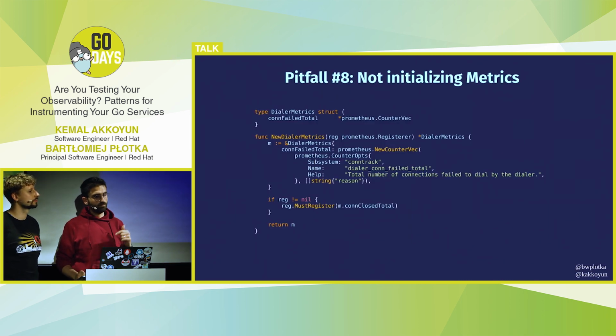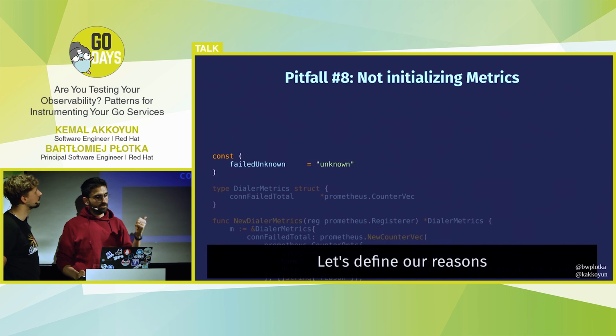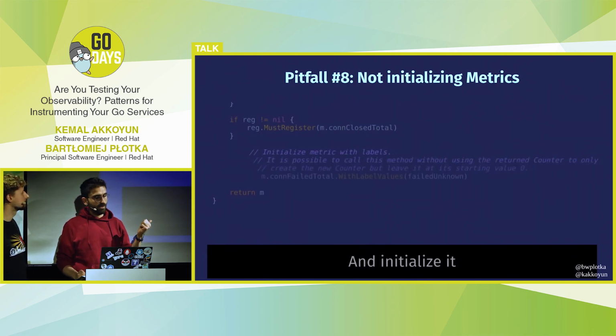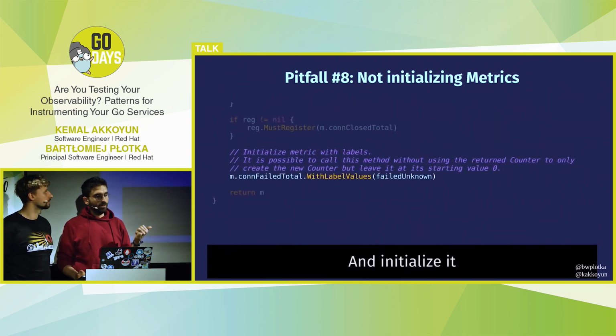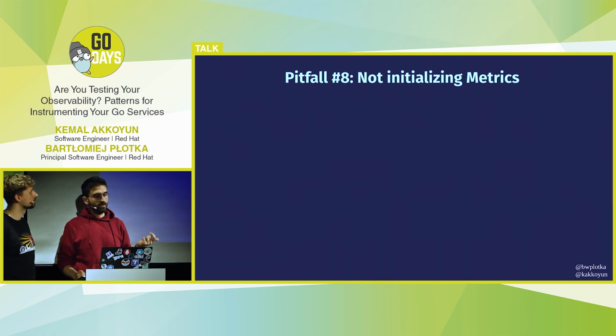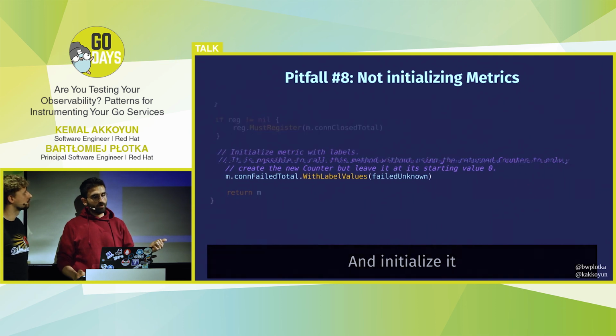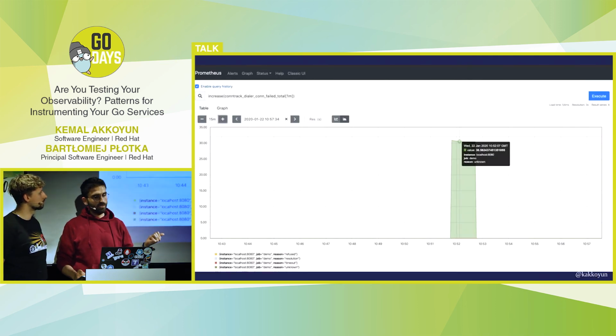And in most cases, your alerts probably depend on rate or increase functions, so that's important. So how can we fix it? We can just, again, use a constant label and add that metric. And this, with label values, initializes it. And then when we call that method, we will see that increase. And then our alerts would work.